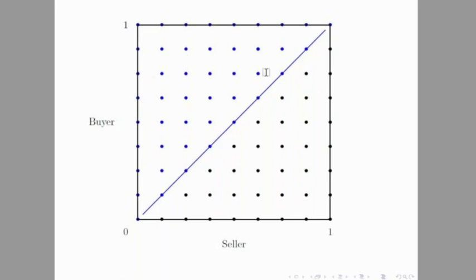Now, the blue dots in the upper left triangle refer to the combinations of the buyer and seller types under which efficient trade should take place.